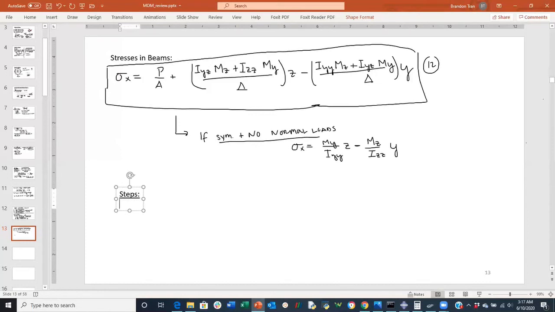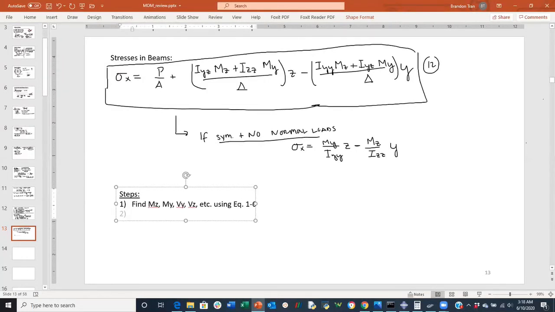It's actually really simple. The first thing you would do is you would just find Mz or My or your shear forces using the differential equations we established, which are equations 1 through 6.